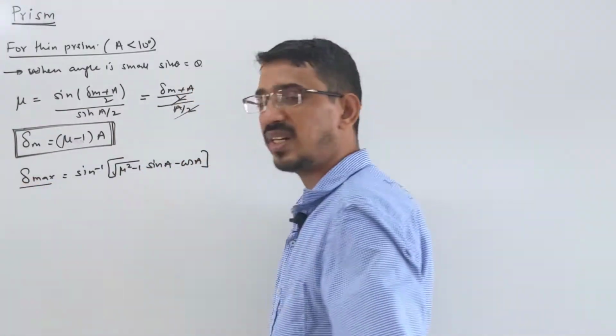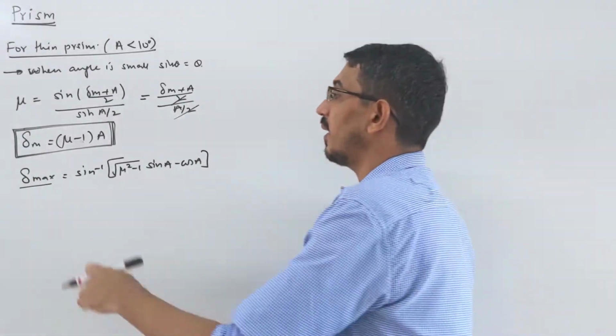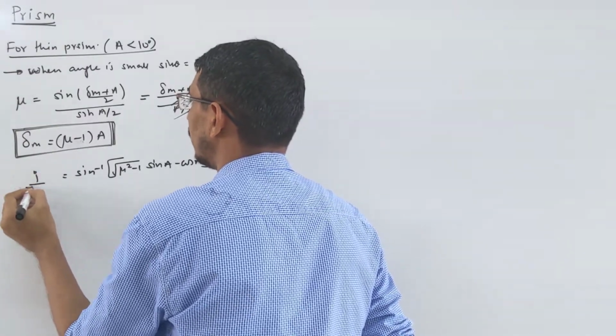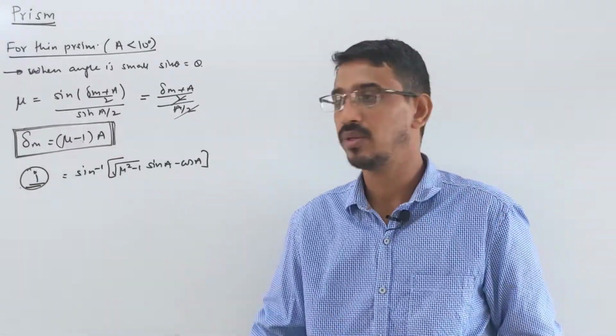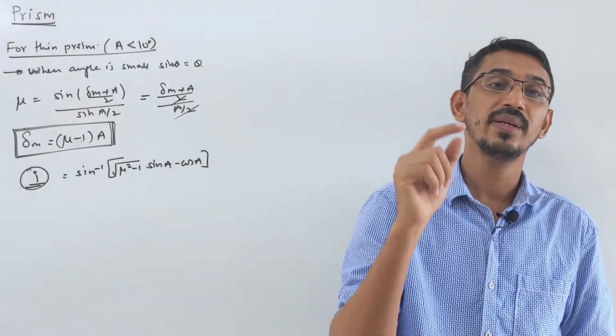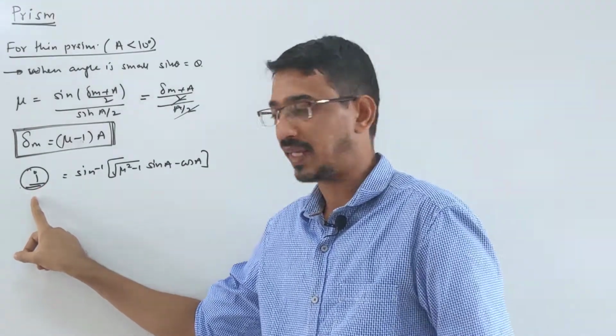It's actually not delta max. We are finding the condition for delta max, so this is the angle of incidence. It's not the delta max value, it's the angle of incidence required to get maximum deviation. So please correct this, not delta max.